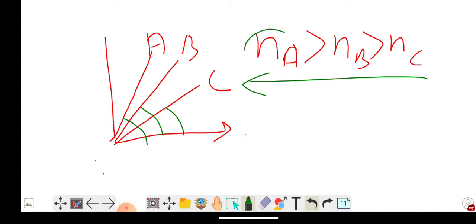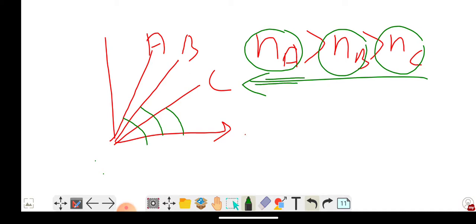We know that Na is the number of moles of A, Nb is the number of moles of B, and Nc is the number of moles of C gas. We know that number of moles is equal to given mass of gas upon molar mass of gas.